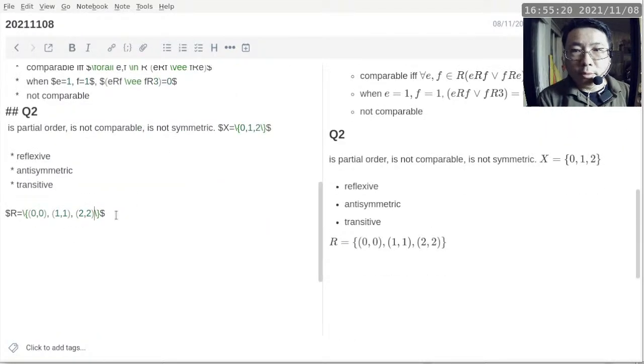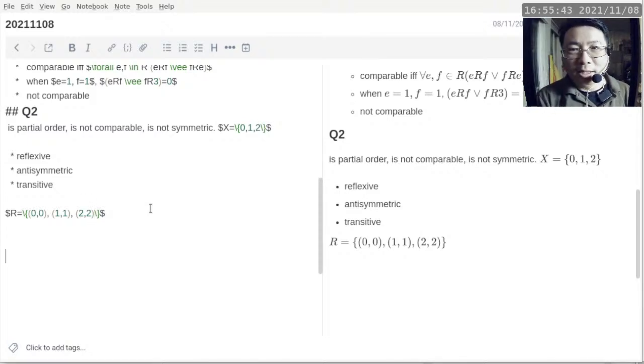Now the question is, what else do we need? What is it missing right now? Is it anti-symmetric at this point? Yes, it is. And is it transitive right now? The answer is yes, it is also transitive. So we are done. I just got lucky.